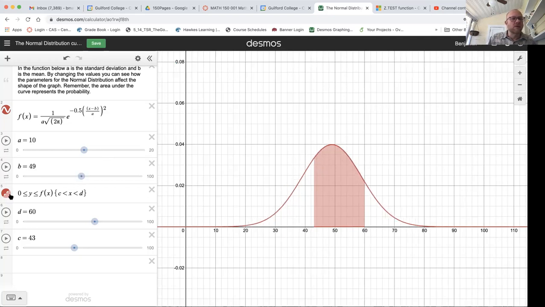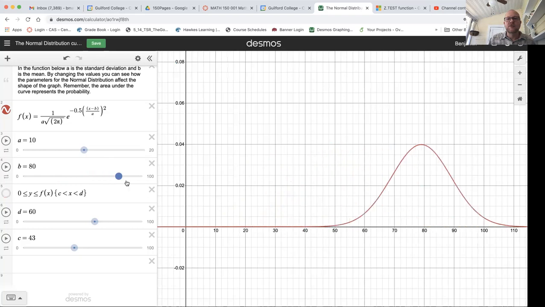I'm going to zoom out a little bit and turn off the shading there. I can have this normal distribution be centered wherever I want it to. For purposes of something we'll look at later, I wanted to have it at 50.